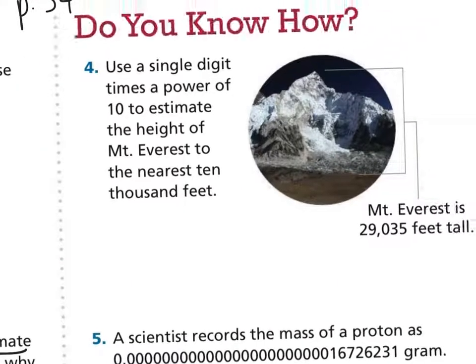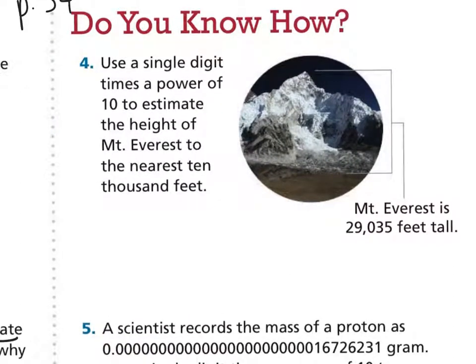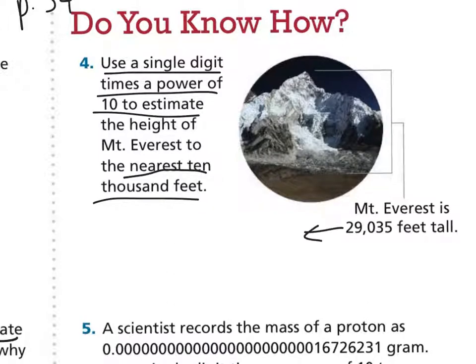Look at number 4. Use a single digit times the power of 10 to estimate the height of Mount Everest to the nearest 10,000 feet. Okay, so Mount Everest is between 20,000 and 30,000 feet. To the nearest 10,000 feet, we would round it to 30,000 feet.